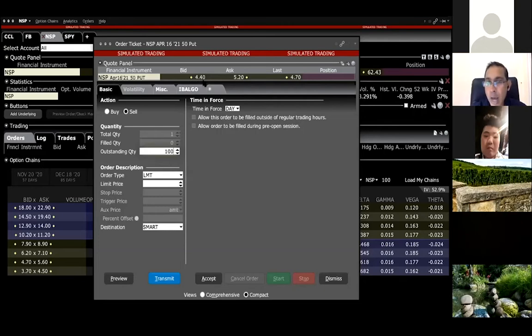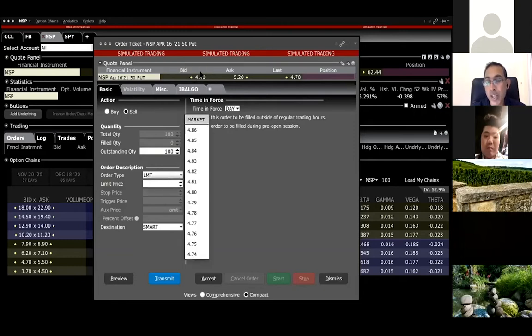It might so happen that the bid of just one contract is $4.40, and after that, the bids are much lower. So if I put a market order, then the order might get executed at a much inferior price. So always put a limit order and ask for the price that you want.